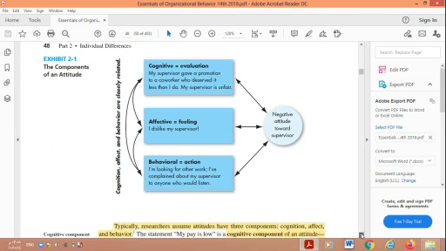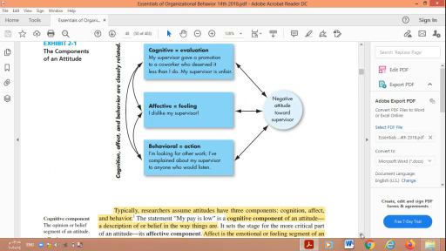After that we want to know the main components of attitudes. Attitudes have 3 main components. The first one is the cognitive component, then the affective component, and the last one is the behavioral component. So what do we mean by the cognitive component of attitudes?